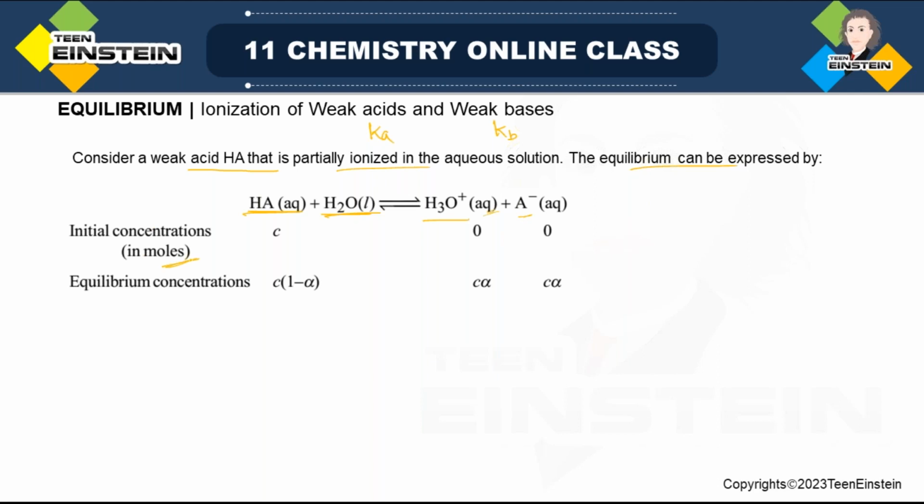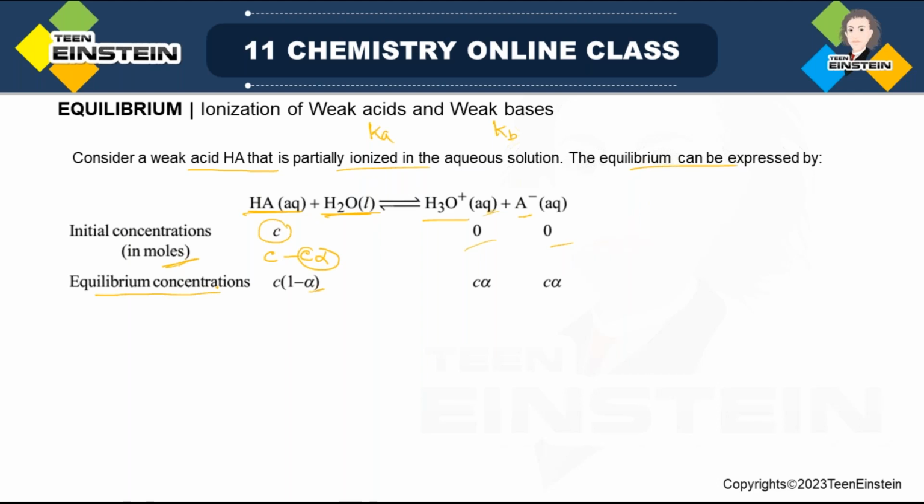So initial concentration in terms of moles. Suppose C moles of HA is present in a particular volume, and at first for these two you have to consider 0. Now at equilibrium, suppose only an alpha fraction of C is dissociated. So first you can write it as C minus C alpha. So the dissociated amount is C alpha. The remaining concentration of HA should be the initial concentration minus the fraction that is dissociated.